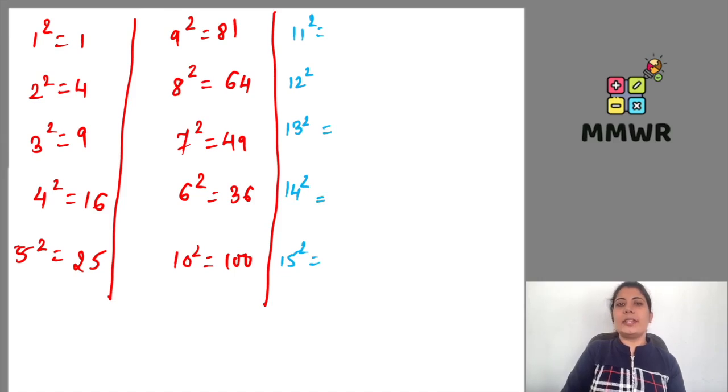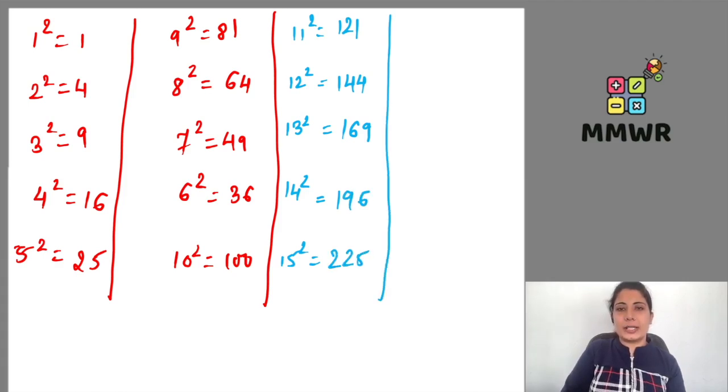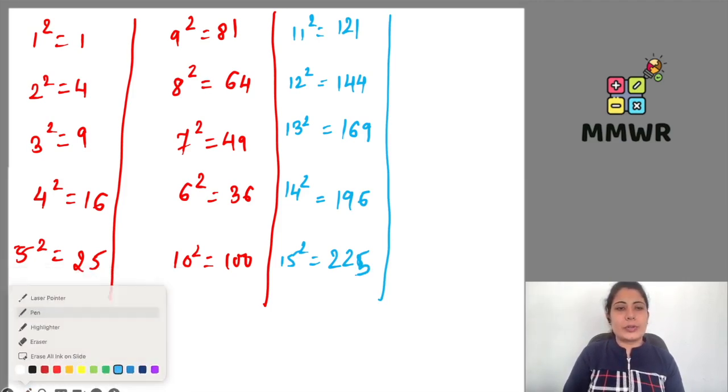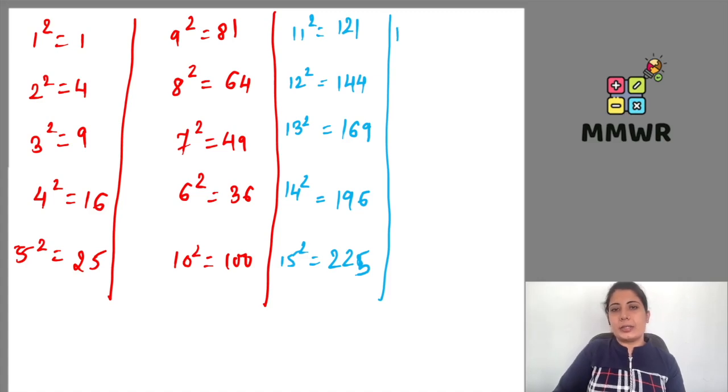What is the square of 11? So 11 square is 121, 12 square is 144, then 169, then 196, then 225 is the square of 15, right? Then we have the square of 16, 17, 18 and 19. 20 square will be 400.